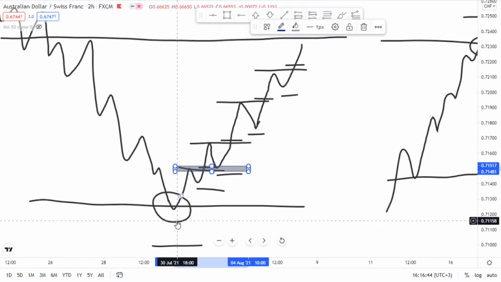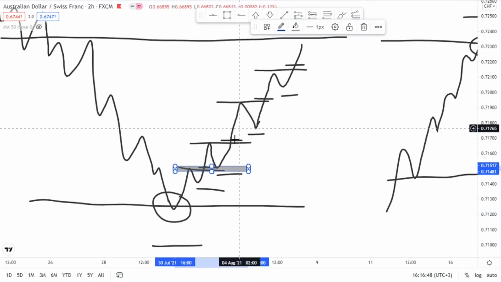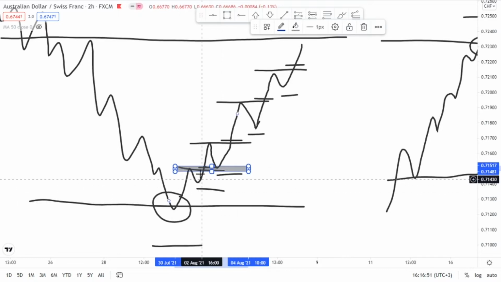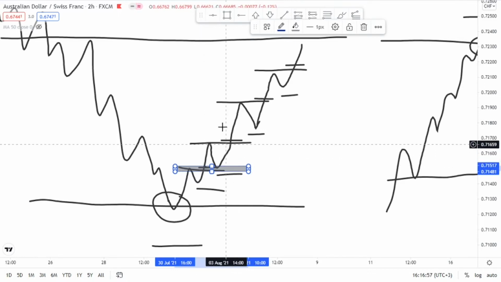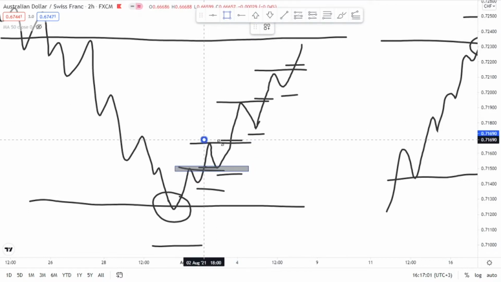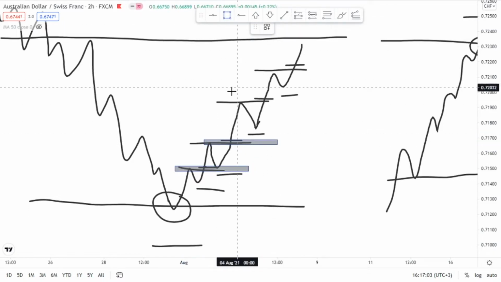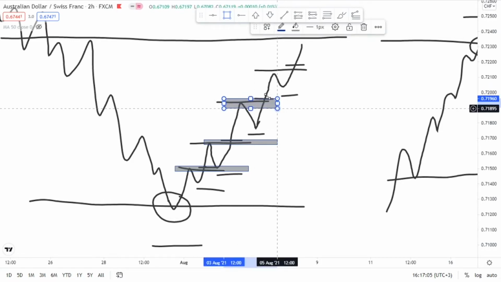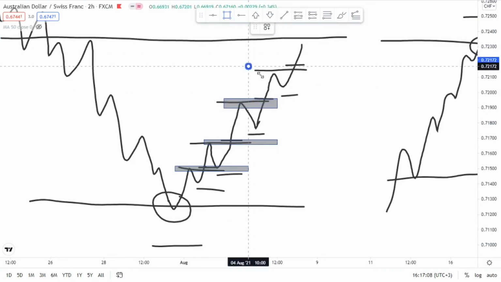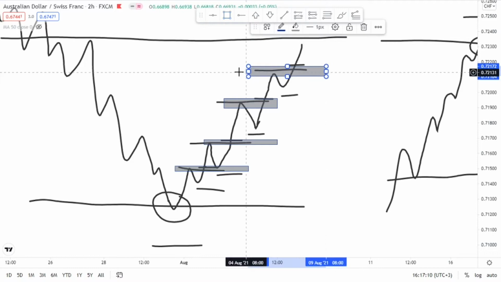So if you risked 2% on this entry, all the scale-ins should be at most 1%. Here again, at most 1%. Here again, at most 1%. And also here again, at most 1%, all the way to your take profit.